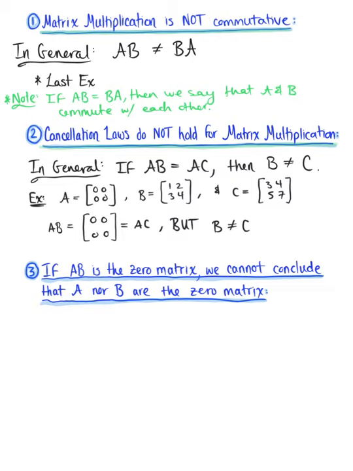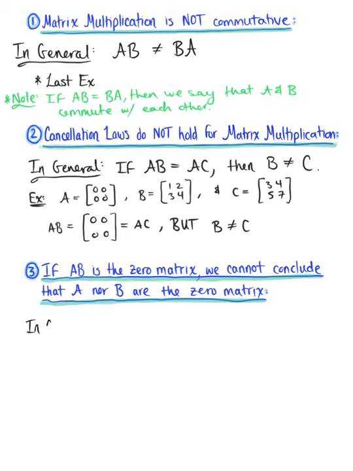And last but not least, if the product of matrix A with matrix B is the zero matrix, then we cannot conclude that matrix A or matrix B is the zero matrix. So what is this saying?